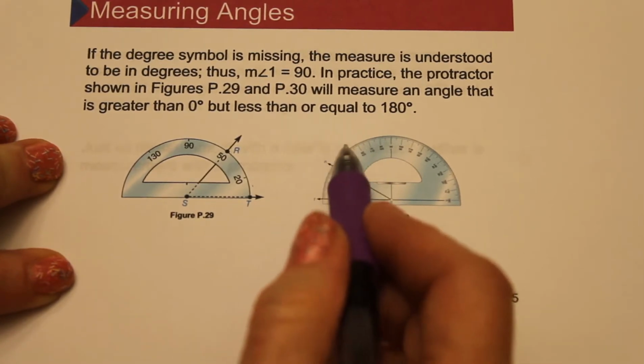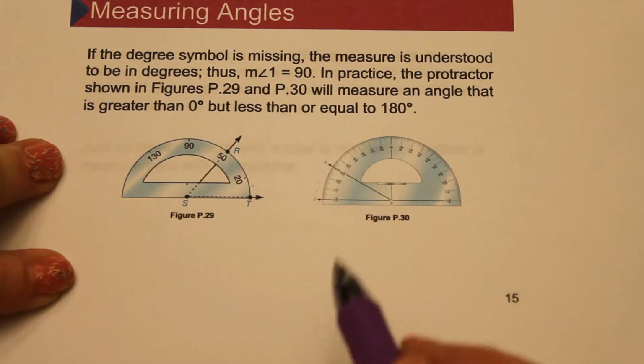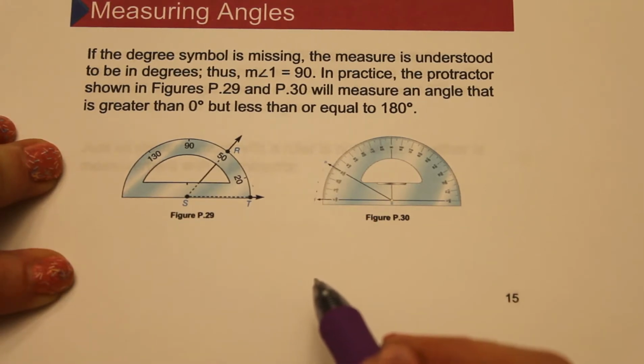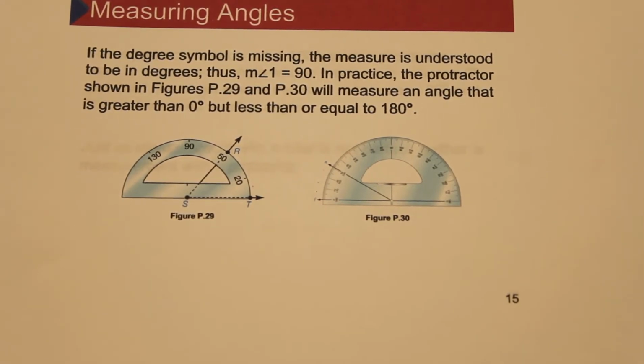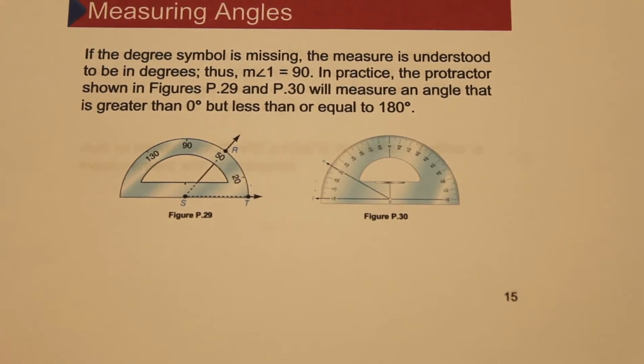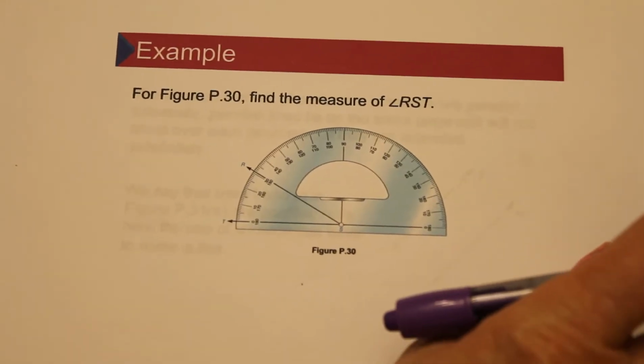If I'm measuring from this side, I want to use the 0, 10, 20, 30, 40. A corner, like the corner of a page, is a 90-degree angle. So you can usually tell if your angle is greater than 90 degrees or less than 90 degrees.